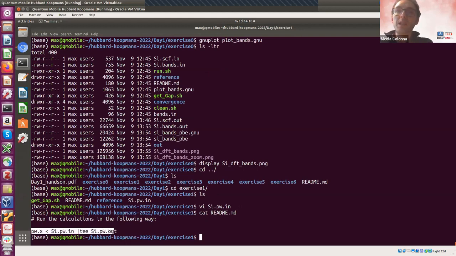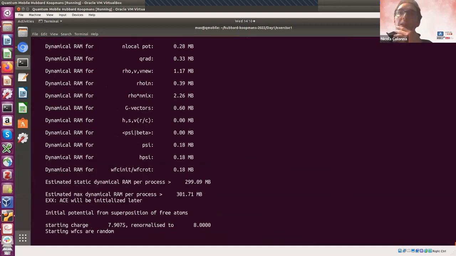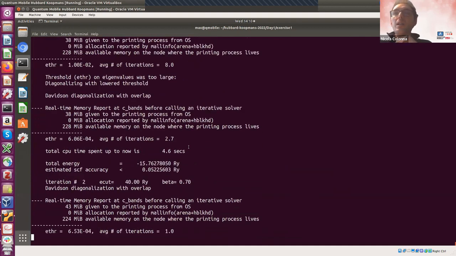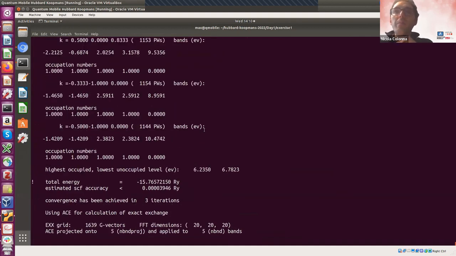Now the only difference is that this calculation is going to take more time than the previous one. This is probably going to take a couple of minutes.